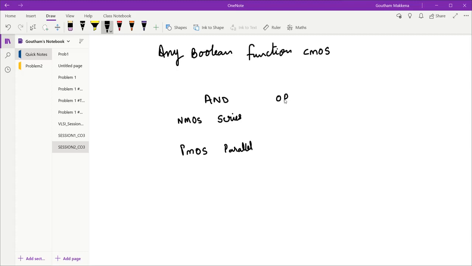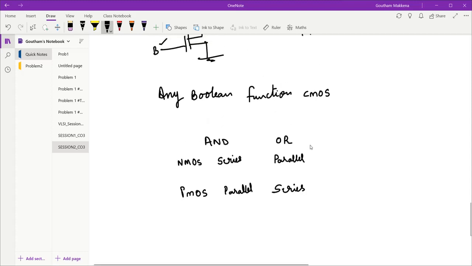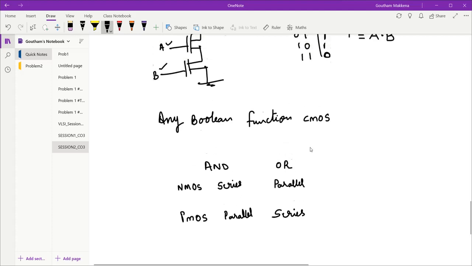That is, when your boolean expression has an OR, your NMOS transistors will be in parallel, but PMOS transistors will be in series. But your output will always be complemented.